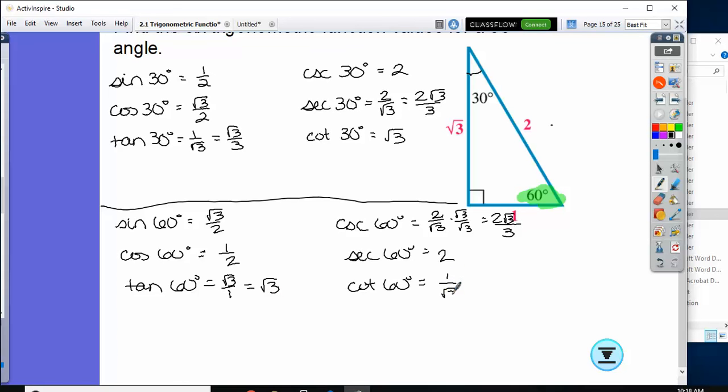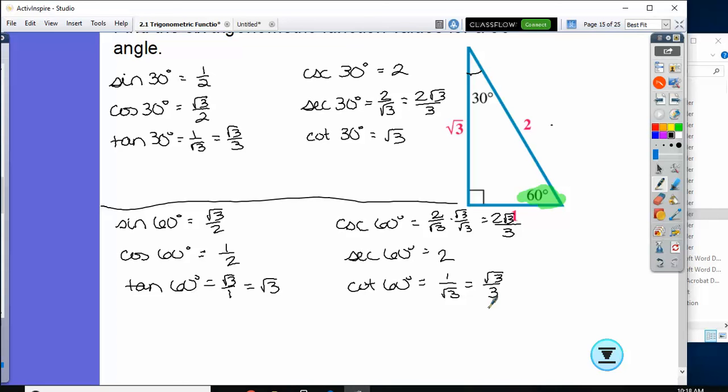Cotangent would be 1 over radical 3, which is radical 3 over 3. Remember, sine and cosine are cofunctions as well. Look, the sine of 30 and the cosine of 60 are the same. Cosine of 30, sine of 60 are the same. So our cofunction values work there. Any questions on that one?